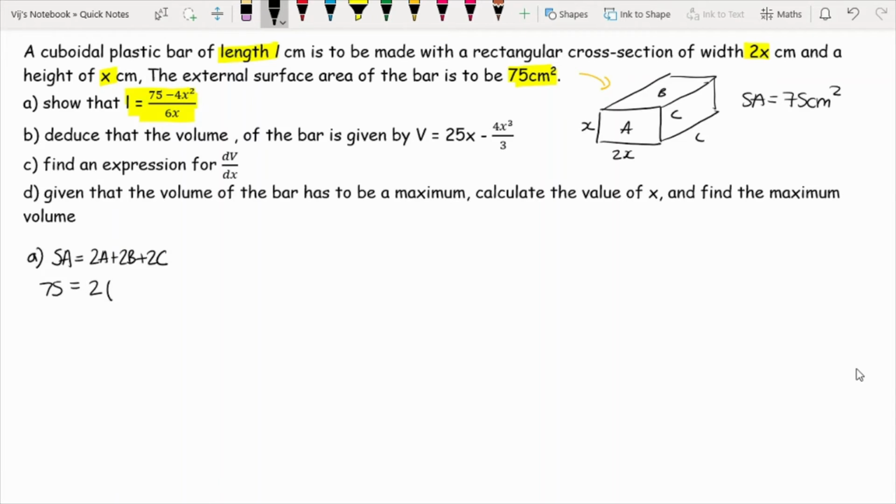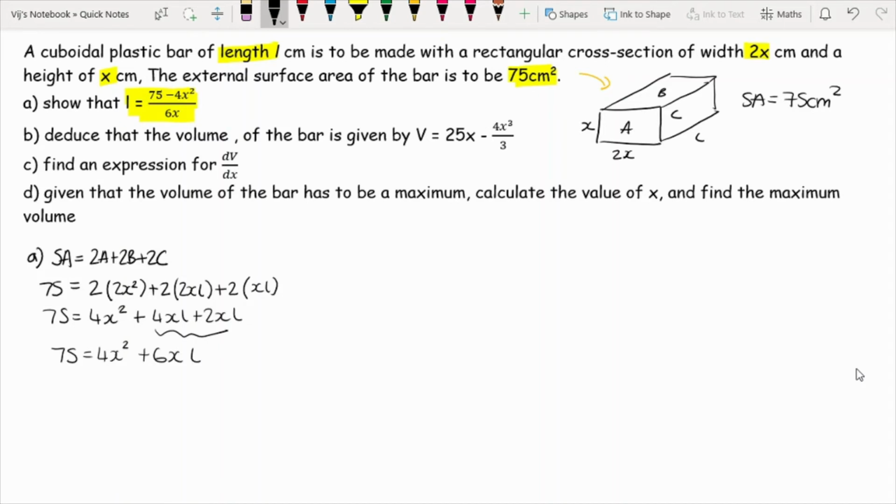So I'm going to have 2 lots of 2x squared, 2 lots of 2xL, and also 2 lots of C, which is xL. Expanding all of this out, we get 4x squared plus 4xL plus 2xL, and I can then combine these together, so I get 75 equals 4x squared plus 6xL.